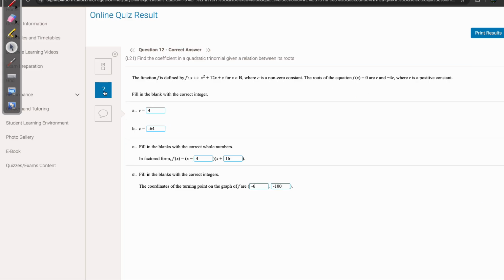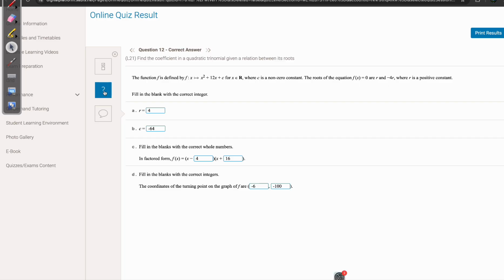Number 12. The function f is defined by f of x is x squared plus 12x plus c, for x all real numbers, where c is a non-zero constant. The roots of the equation f of x equal to 0 are r and negative 4r, where r is a positive constant.